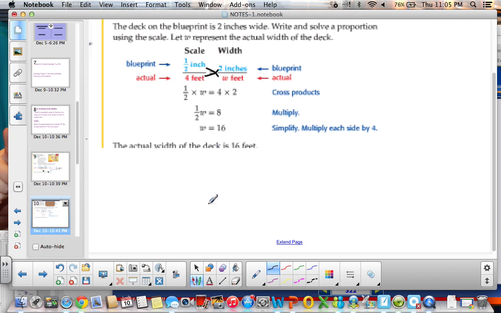So 1/2 W, we would multiply both sides times 2 over 1. So 8 times 2 equals 16. So now we have that the deck is actually 16 feet.